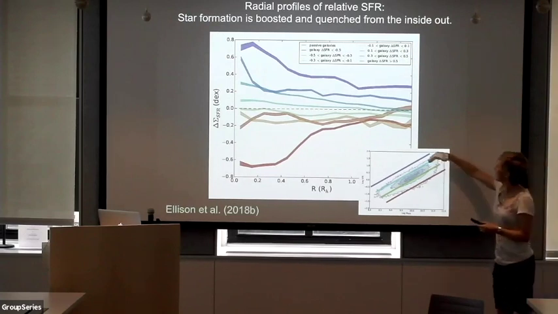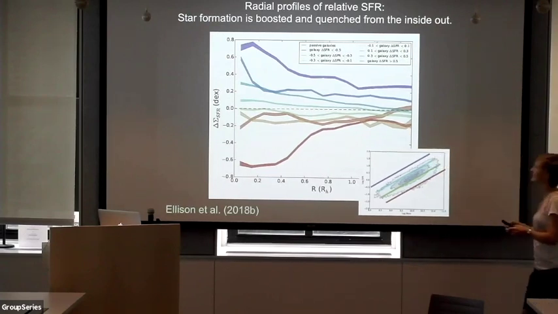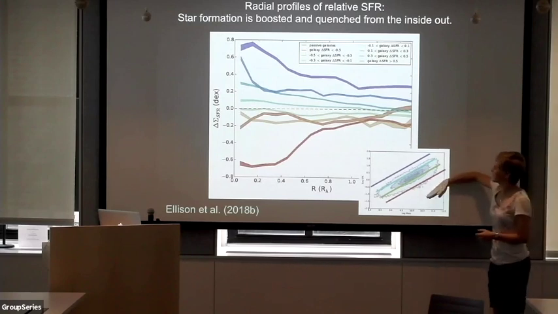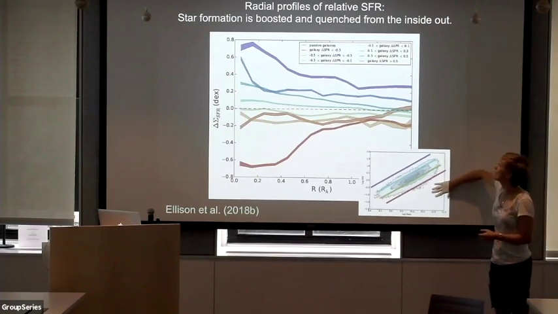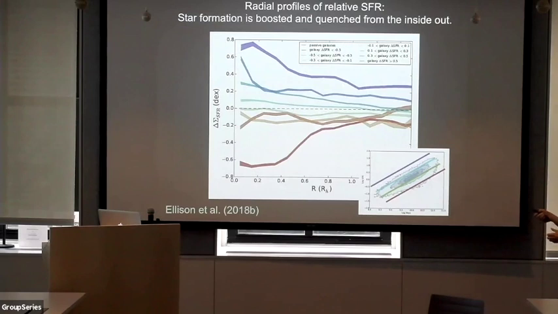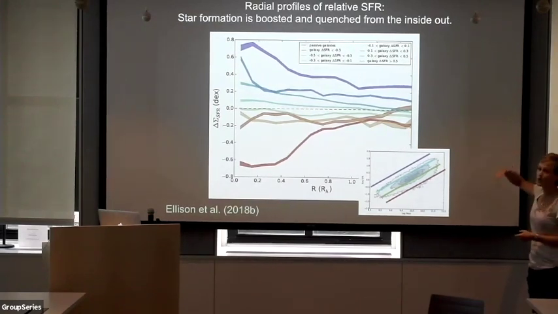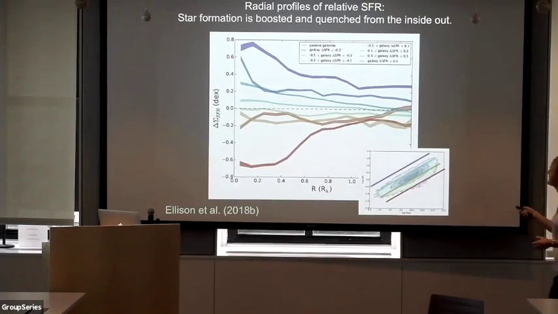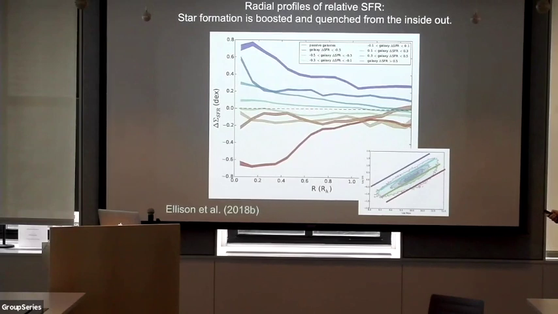Then you can step down through the main sequence. That's the color coding, going from the colder colors to the warmer colors, until you're down in the so-called passive or quiescent sequence, which is these galaxies that have very low star formation rates. For those galaxies, which is the red line, we see basically the mirror image of the starburst galaxies.